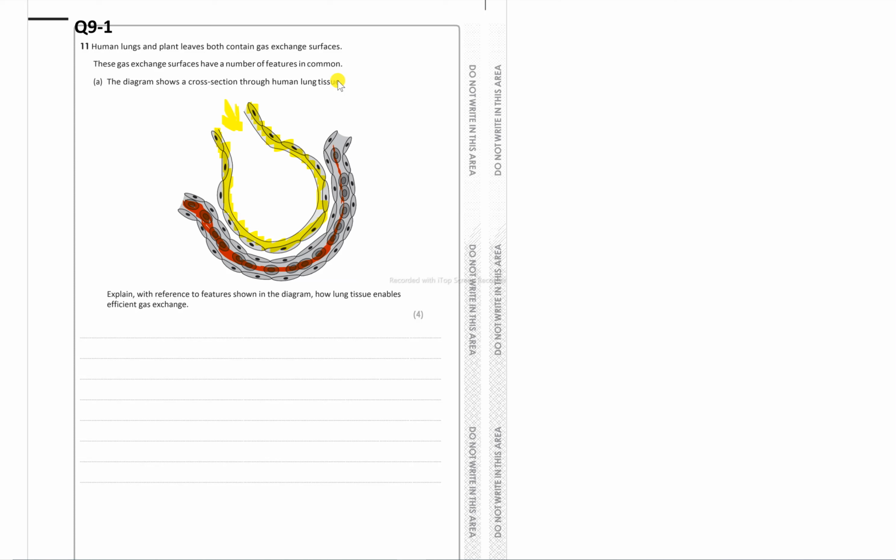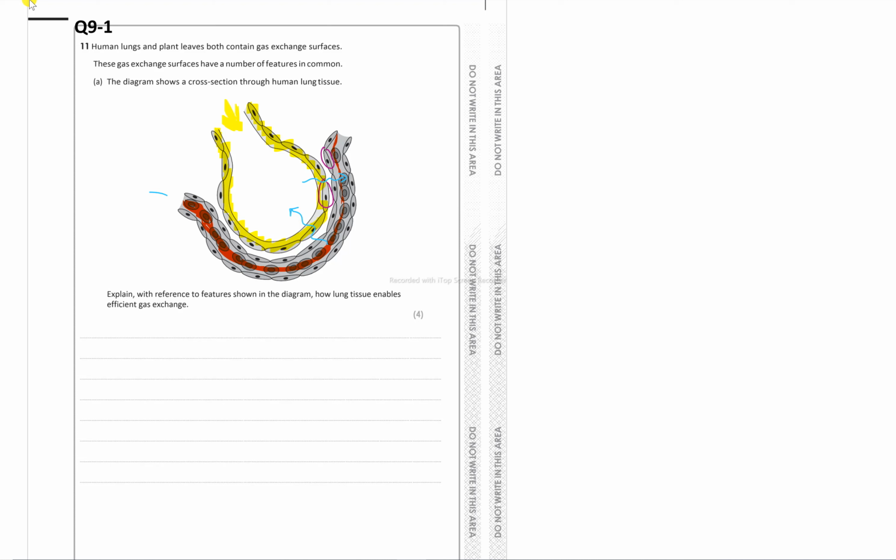These are the red blood cells. And if you notice, there's just one cell. They're just one cell thick. That means that diffusion of oxygen into the blood is easier, and diffusion of carbon dioxide out of the blood into the alveoli is more efficient.